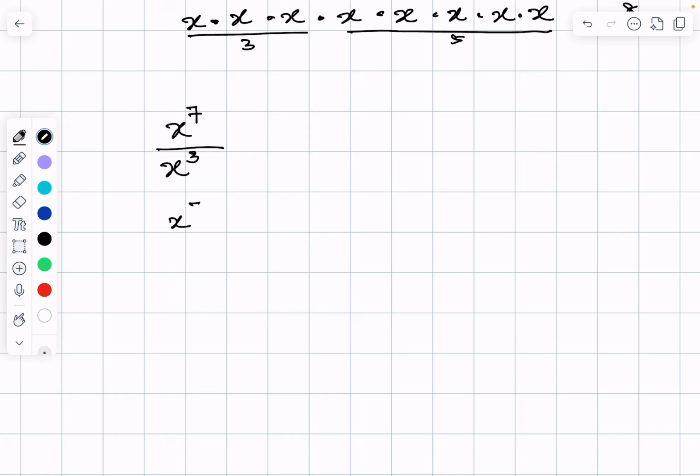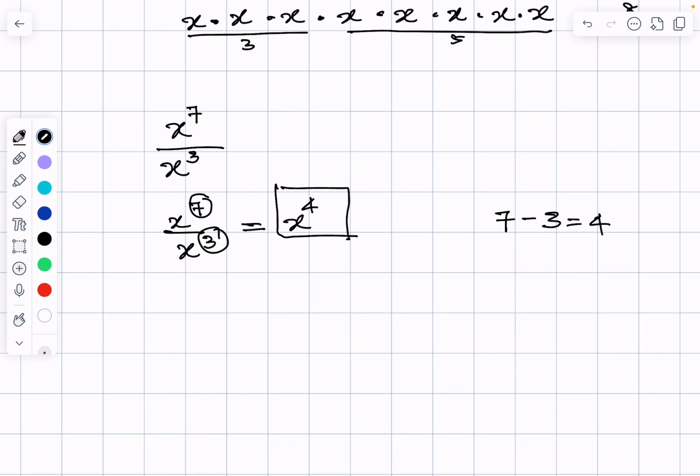So here 7 minus 3. 7 from here and minus 3 from here. So the answer is x to the 4th power, because 7 minus 3 equals 4.